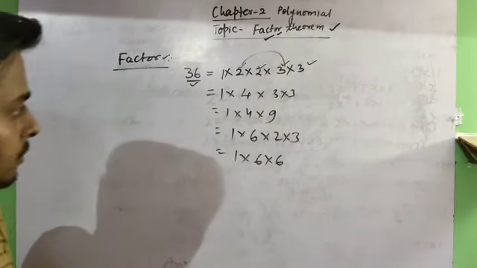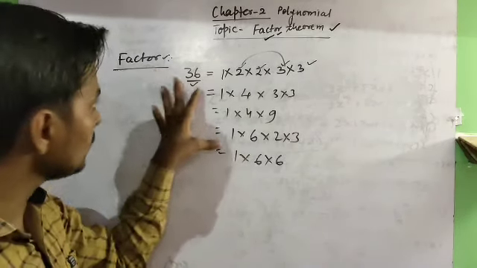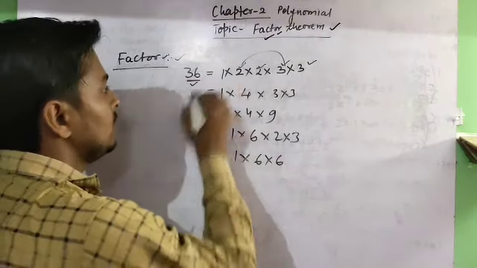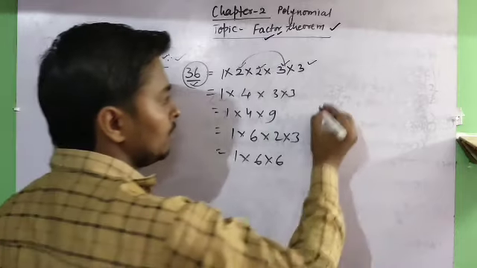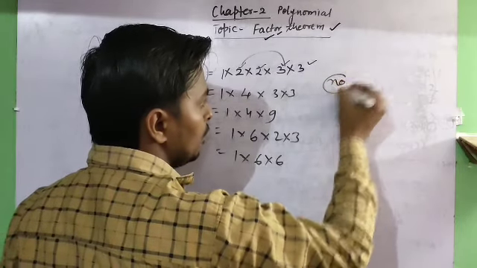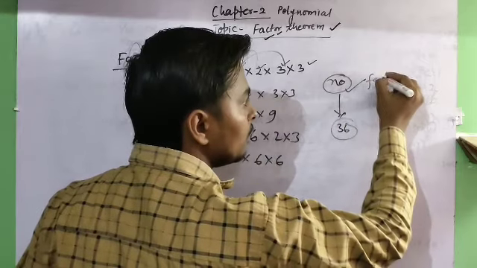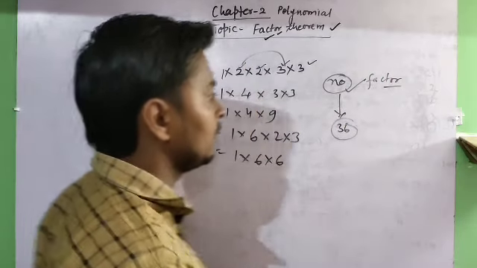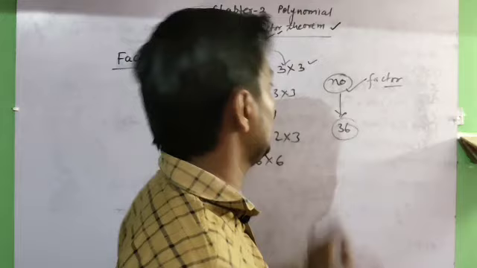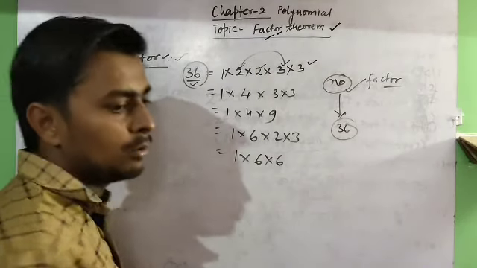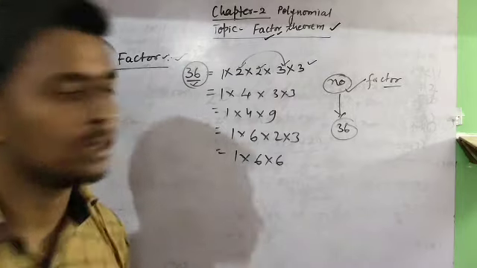So the definition of factor is this, that the number which divides the given number is known as the factor of the given number. So this is the basic definition.